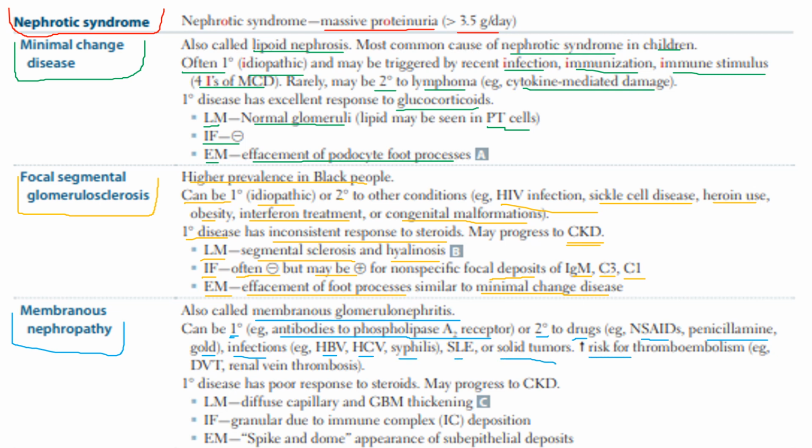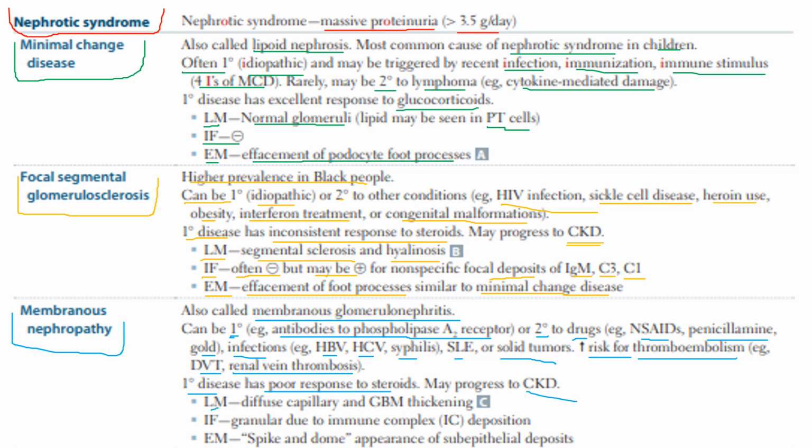Increased risk for thromboembolism, example DVT, deep vein thrombosis, renal vein thrombosis. Primary disease has poor response to steroids, may progress to CKD.